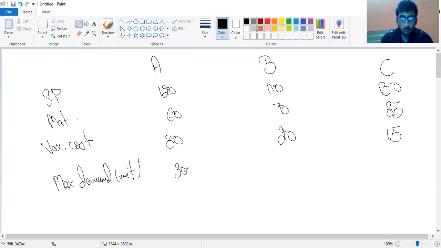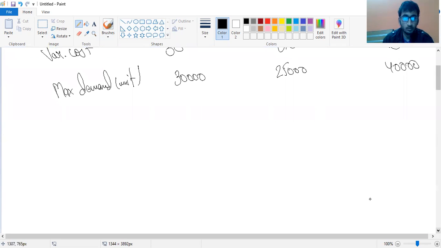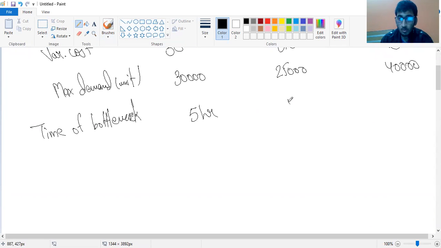It is 30,000, then 25,000 and 40,000. Now we have one bottleneck resource, and the time of the bottleneck resource required is 5 hours, 4 hours and 3 hours per unit.